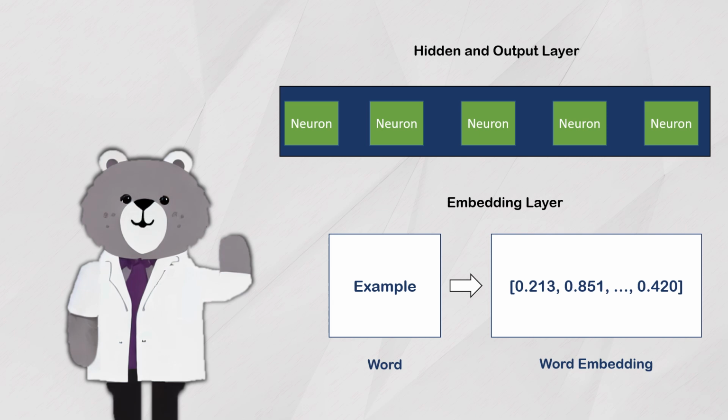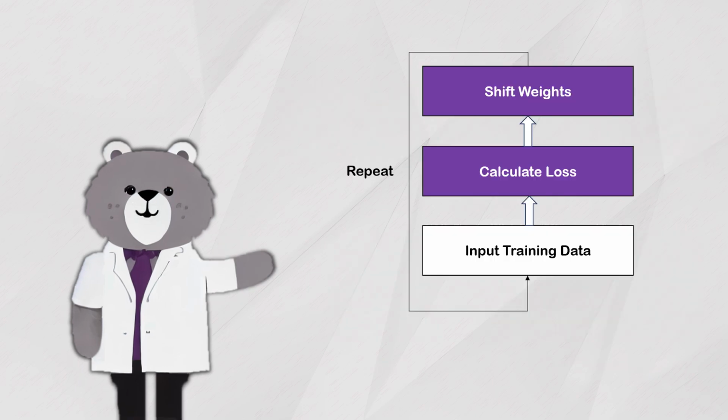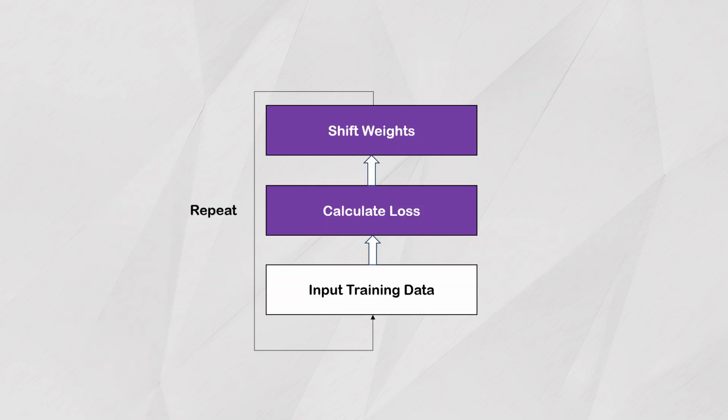To learn appropriate weights and biases for our neural network, we have to train it. To train our neural network, we try to teach it to minimize an objective called a loss function. This loss function is calculated based on some training data. So, essentially, we attempt to set the numbers or weights in our neural network to values that minimize this loss function when calculated over our training data.